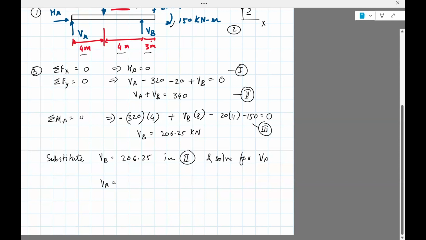Doing that gives us VA equals 340 minus 206.25, which comes out to be 133.75 kilonewtons.